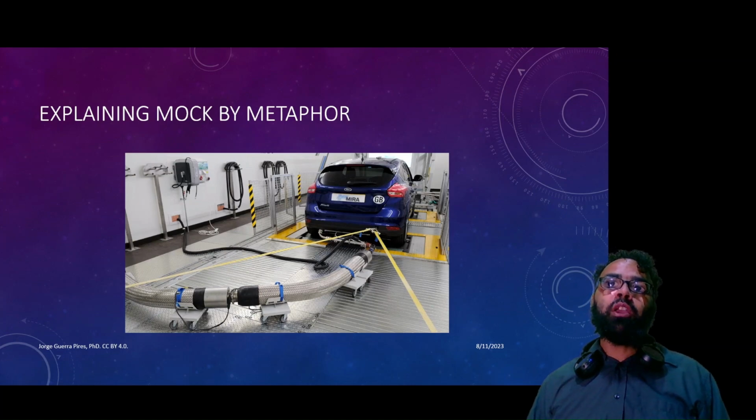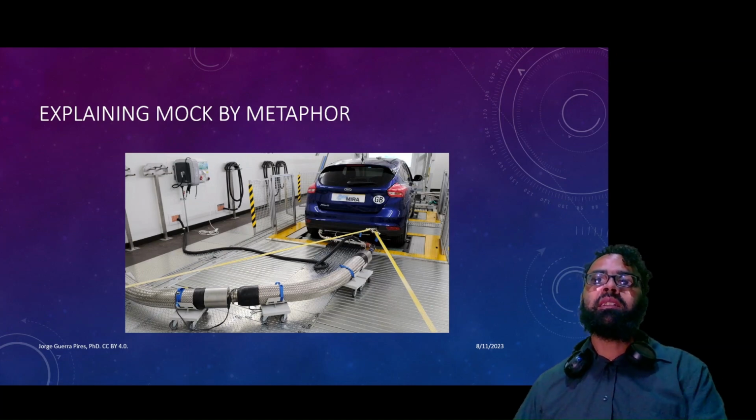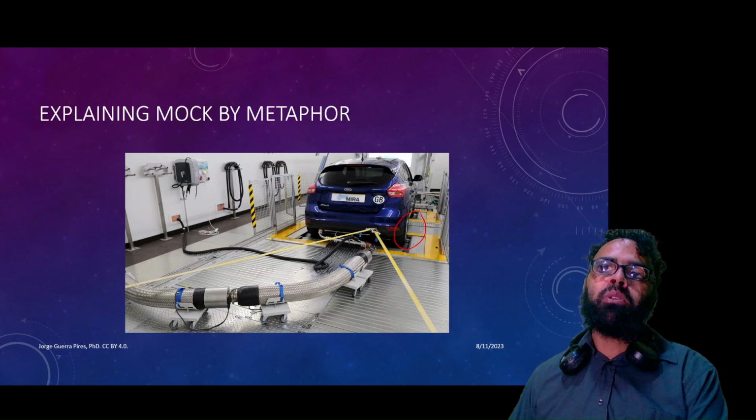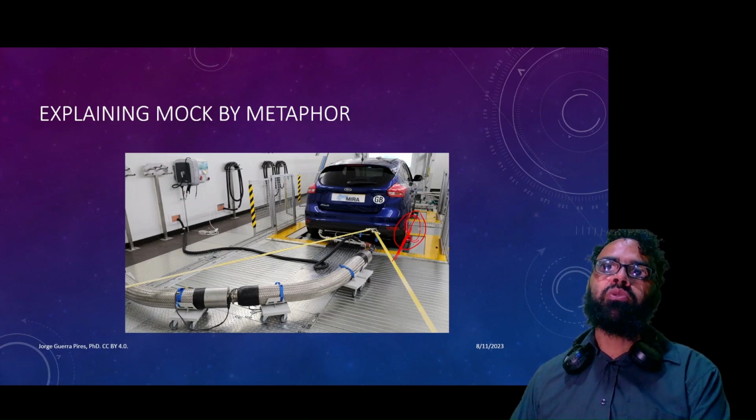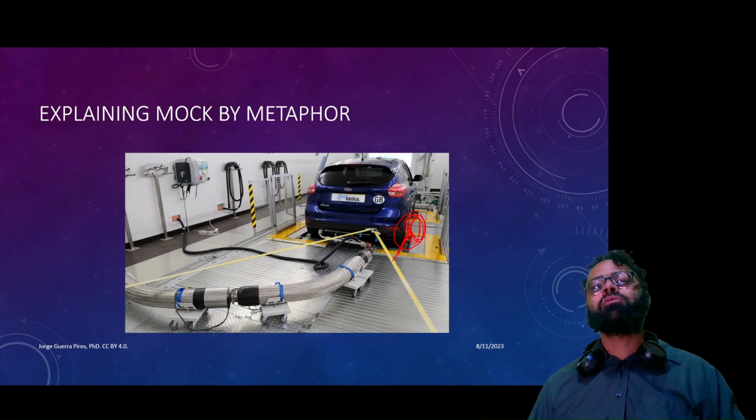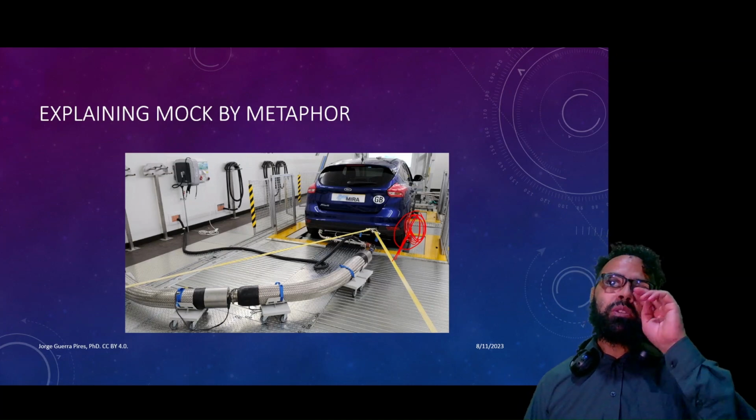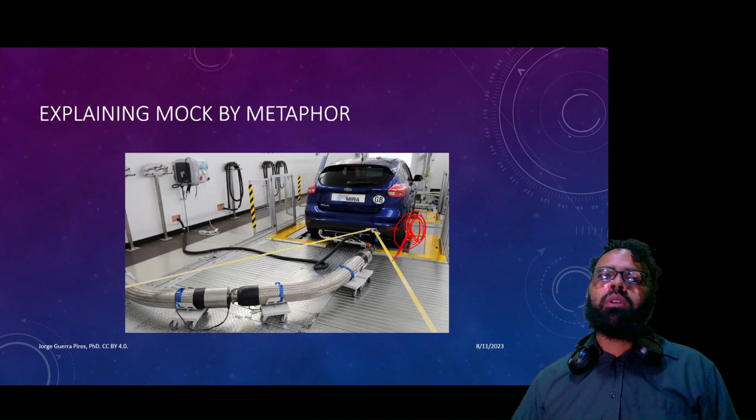So you may say that they mock your street, because they replace your street with a setup where the wheels are going to go around, but the car is not moving. The car is not moving, but here on the lower part, this part moves.